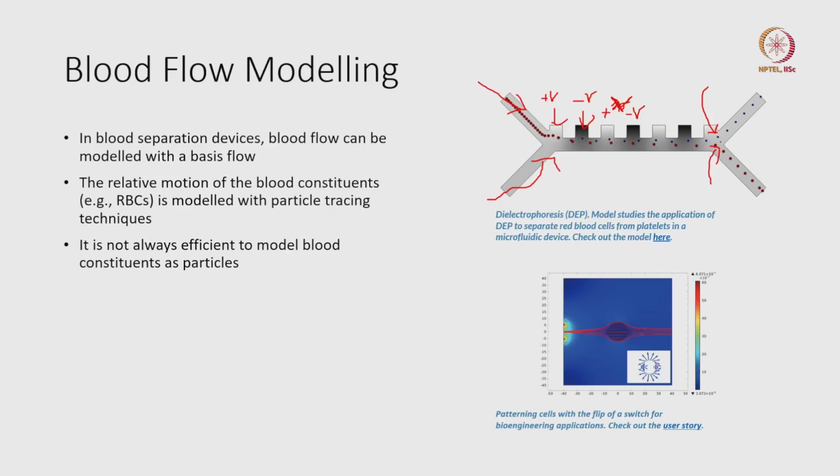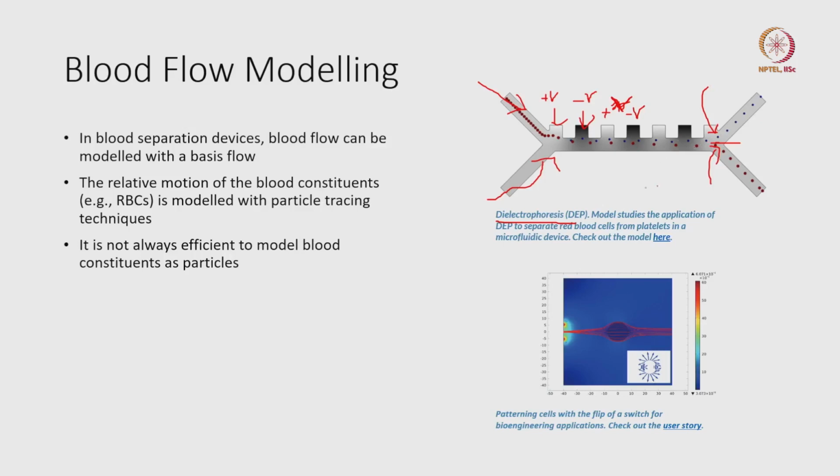So here you can see this works as a segregation filter, based upon the field and the dielectrophoretic property of the platelets and the red blood cells, which is related to the permittivity of the RBCs and the platelets, which differ. Based upon that, you can see there is more deflection of the platelets towards the top, while the RBCs deflect towards the bottom wall.